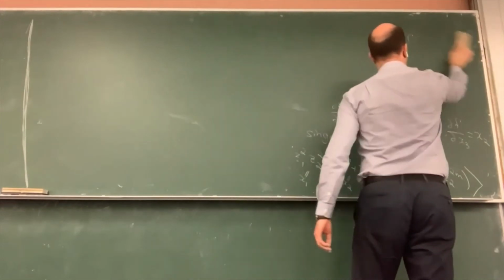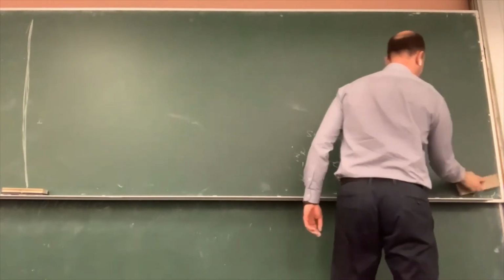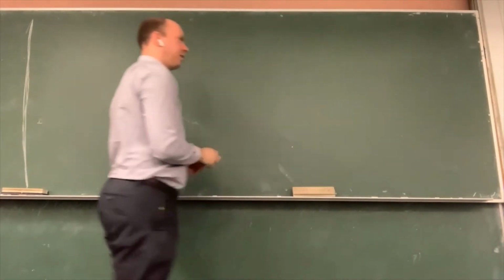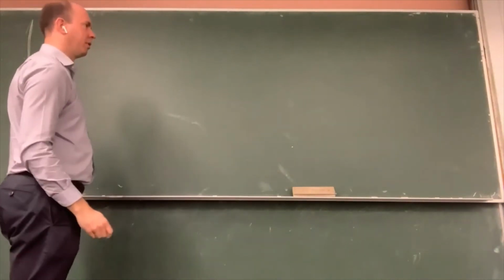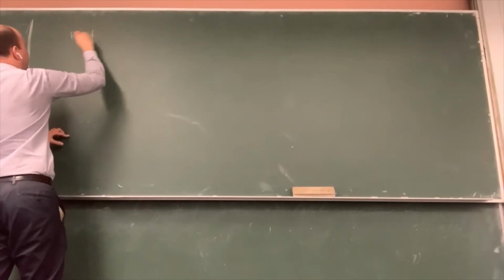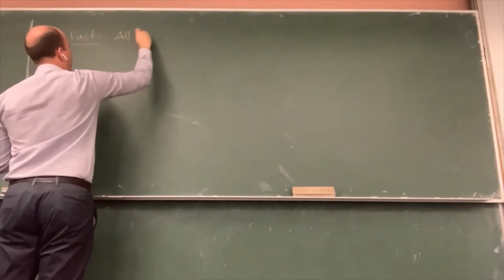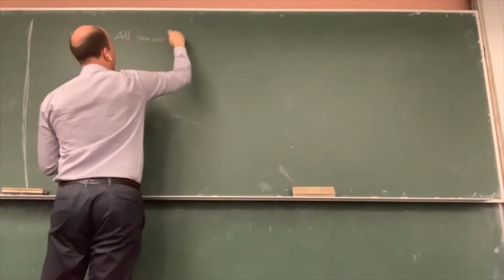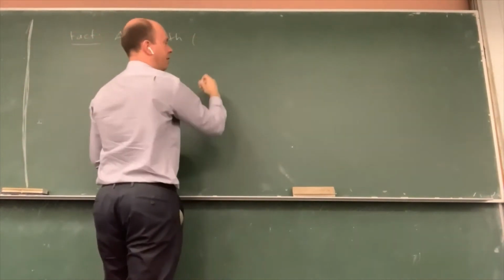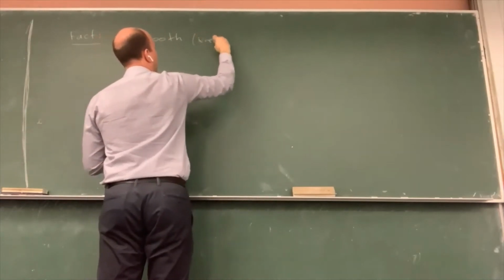Oh, I should say, firstly, that it's a fact, essentially a commutative algebra theorem, that all smooth irreducible affine varieties are normal.